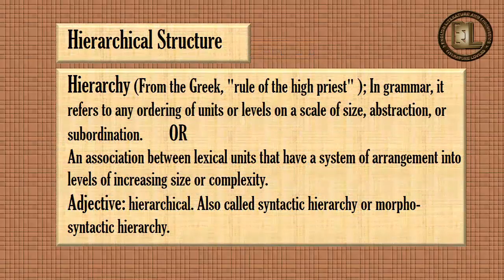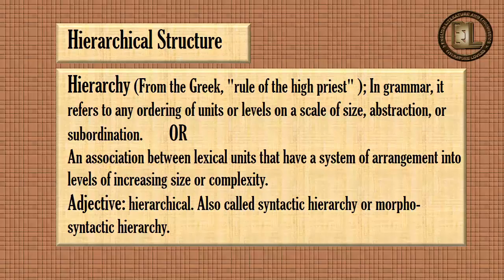The other type is hierarchical structure. What is hierarchical structure? Hierarchy is a Greek word and it means rule of the highest priest. But in grammar, it refers to any ordering of units or levels on a scale of size, abstraction, or subordination.